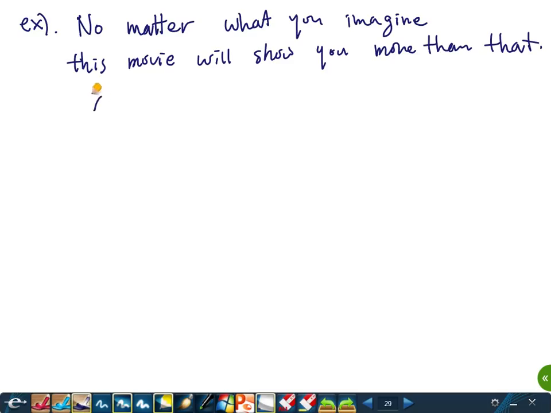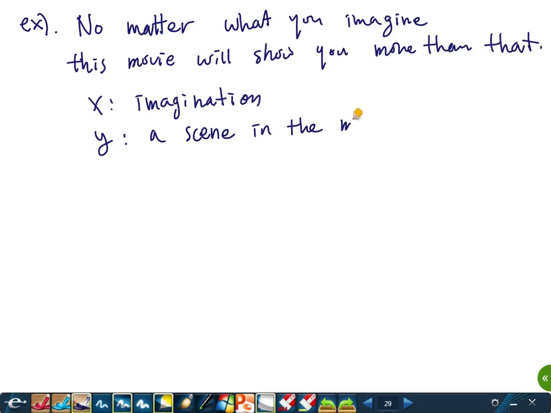So let's say X is imagination, and Y is, say, a scene in the movie. And say P of X comma Y means this scene Y is more than the imagination.